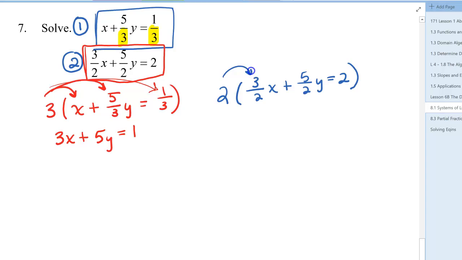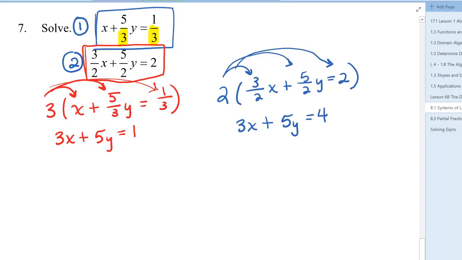I need to multiply everything by 2 to keep it equal. So these 2's are going to cancel, which leaves me with 3x, plus these 2's are going to cancel, which will leave me with 5y. And then this only has a 1 on the bottom, so the 2's don't cancel, so 2 times 2 is 4.